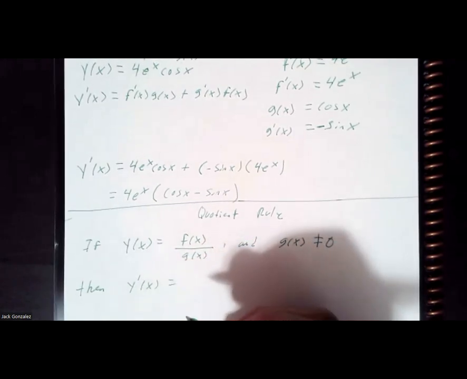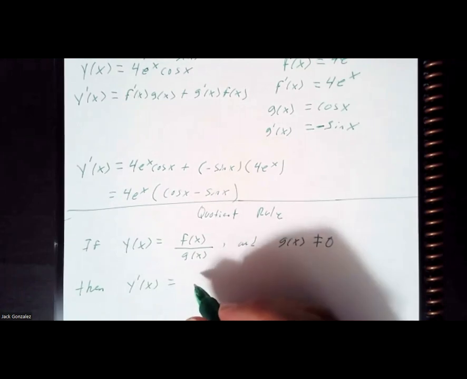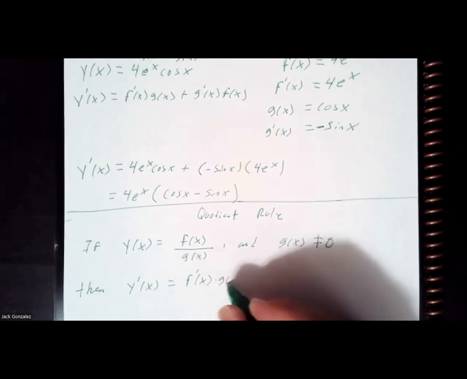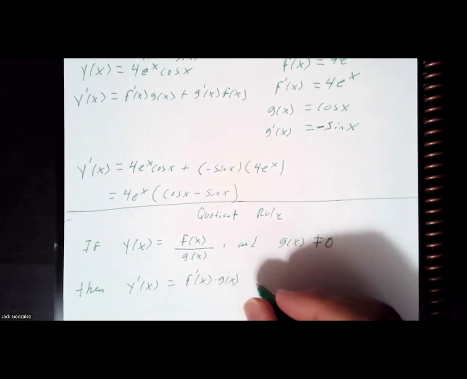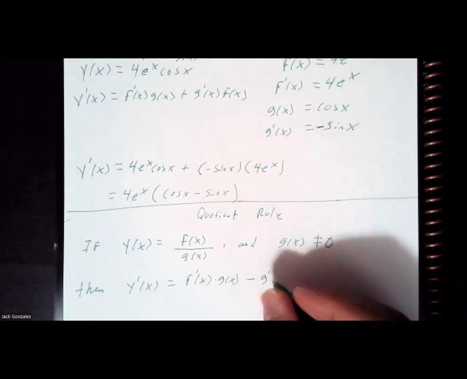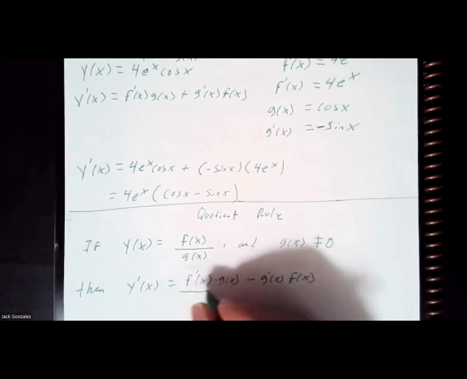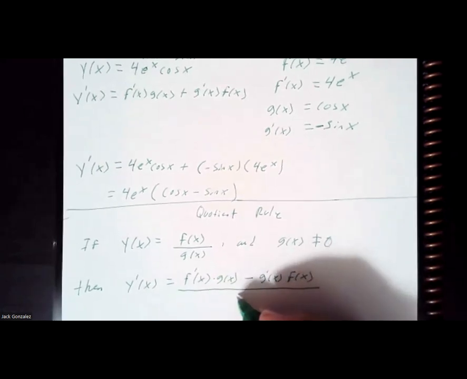Let's be a little more formal this time. It's going to be f prime g minus g prime f over g squared.